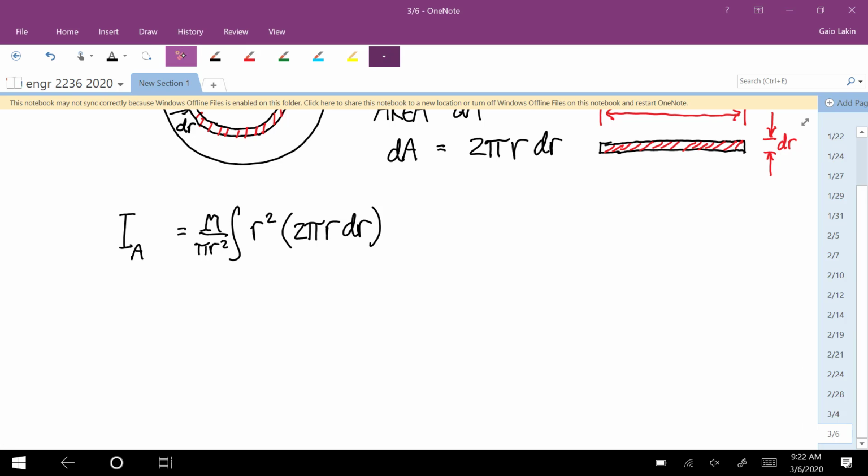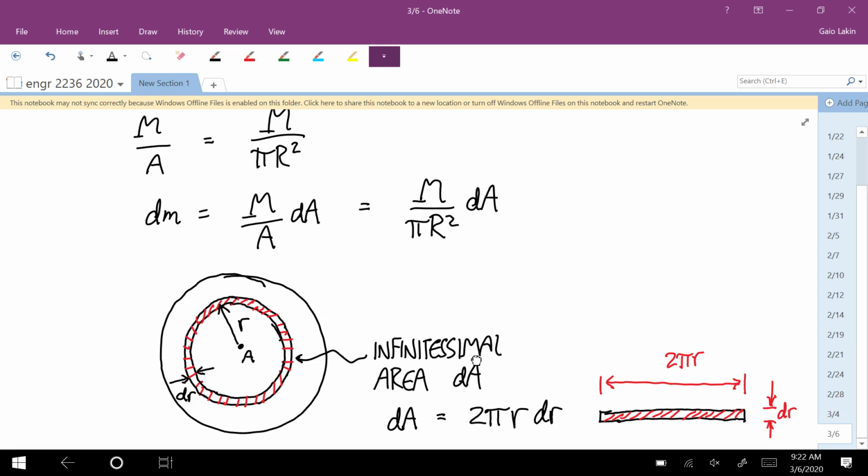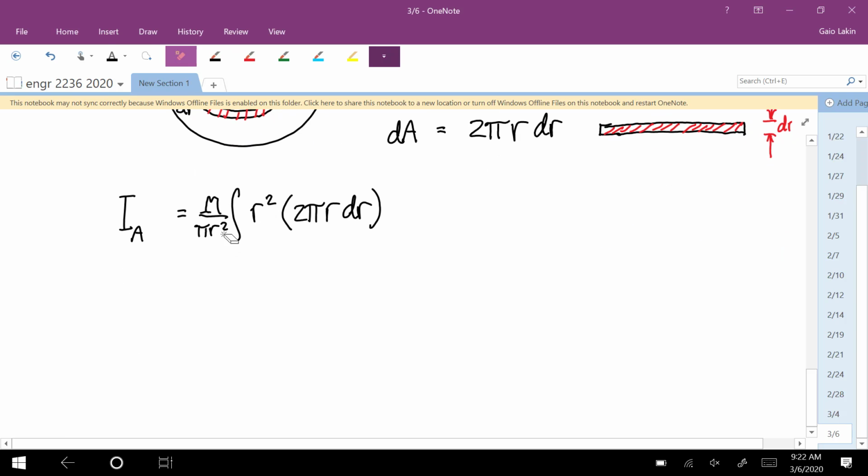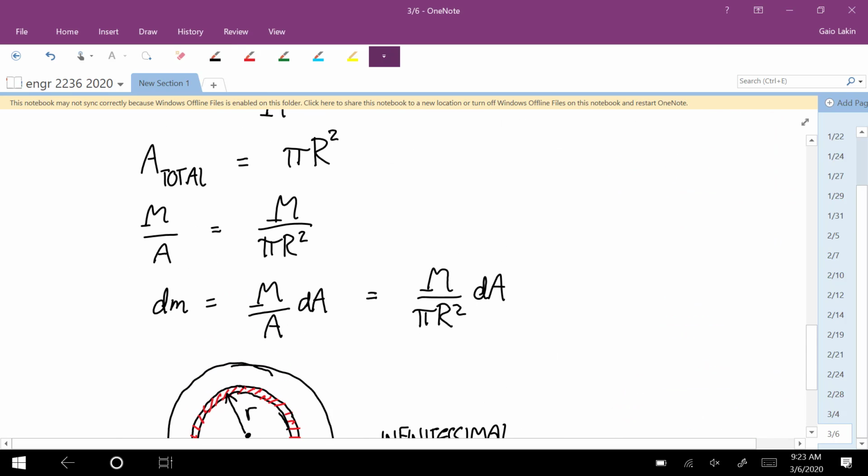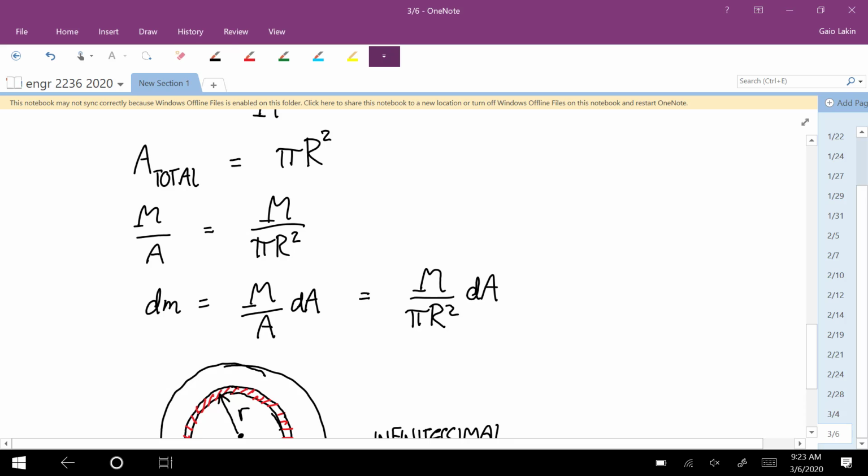And with this one, you've got to be careful with these r's. For that conversion factor from dm to dA, we're talking about the overall radius of the whole disk, not that variable radius. So this should be a big R: pi big R squared. Okay. With me on that? It's r squared times dm, and we can re-express dm in terms of dA using this formula.